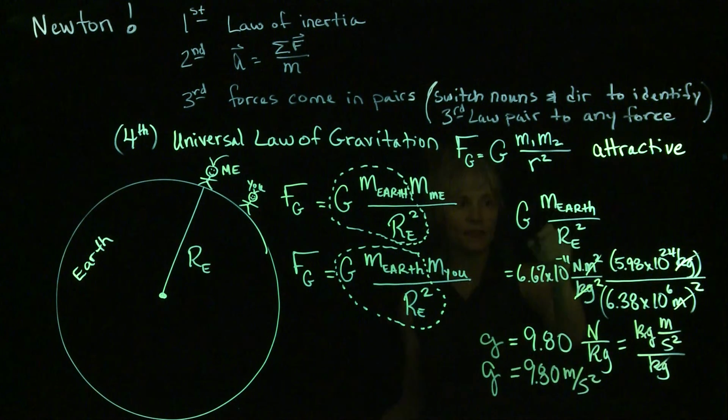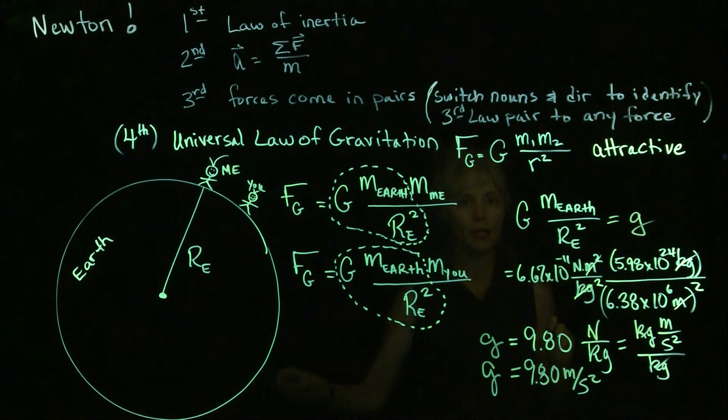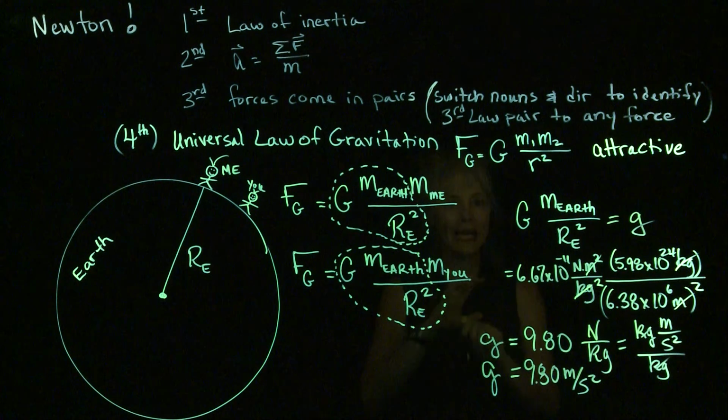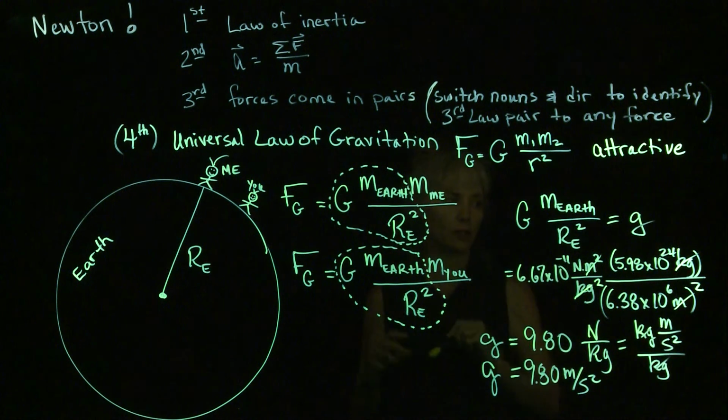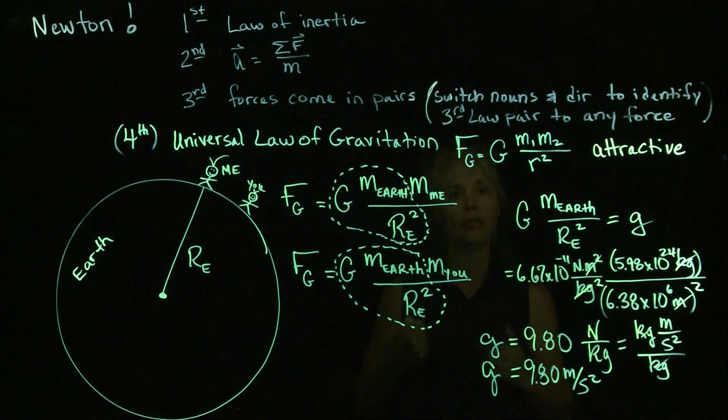So it turns out that this collection of constants we give a special symbol to, because this collection will be the same for the Earth's gravitational pull on any object on the surface of the Earth. So instead of memorizing what big G is, what the mass of the Earth is, and what the radius of the Earth is, instead we combine all of those constants together and we just assign the number and the units a special symbol, little g.